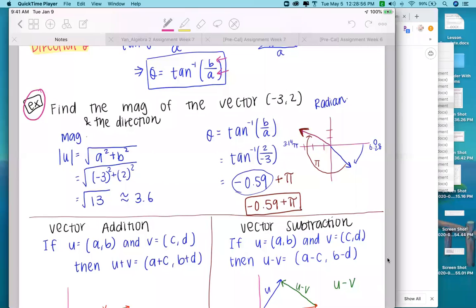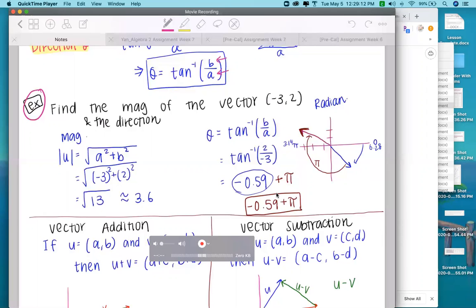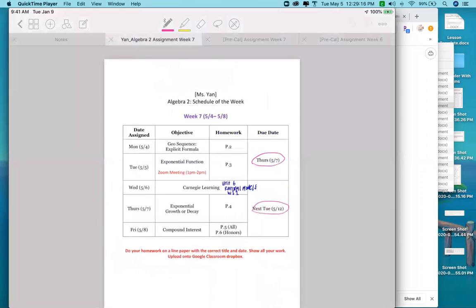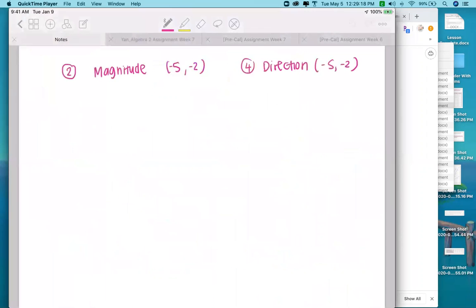Okay, good answers. I'm going to go over the answers. For the first one, I'm going to put -5 squared plus -2 squared.